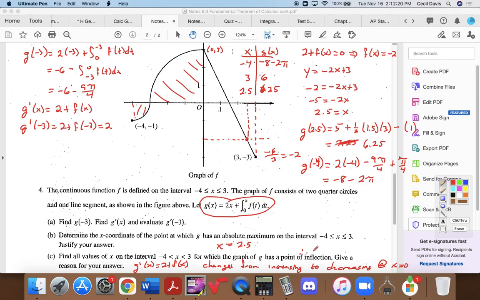Therefore, our answer is x equals 0 is a point of inflection of g. Let's do one that's not quite as nasty.